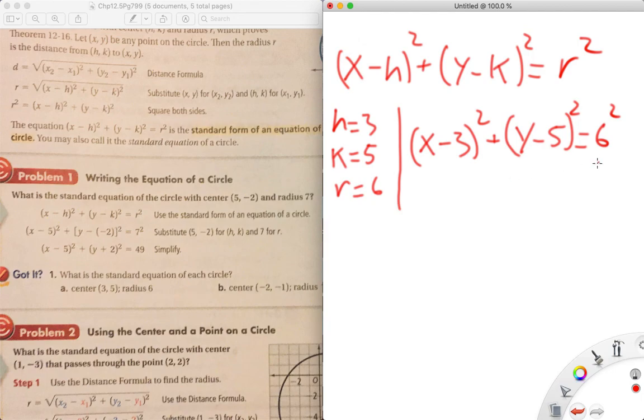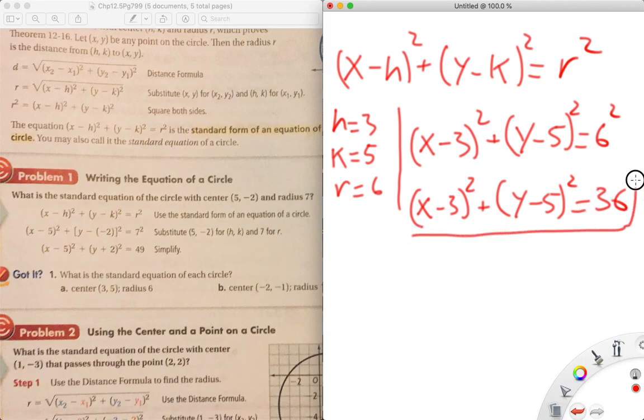And then we square the 6, so our final form of this equation is going to be (x - 3) squared plus (y - 5) squared equals 36. This is the final form of this equation. So you substitute it and you square the radius.